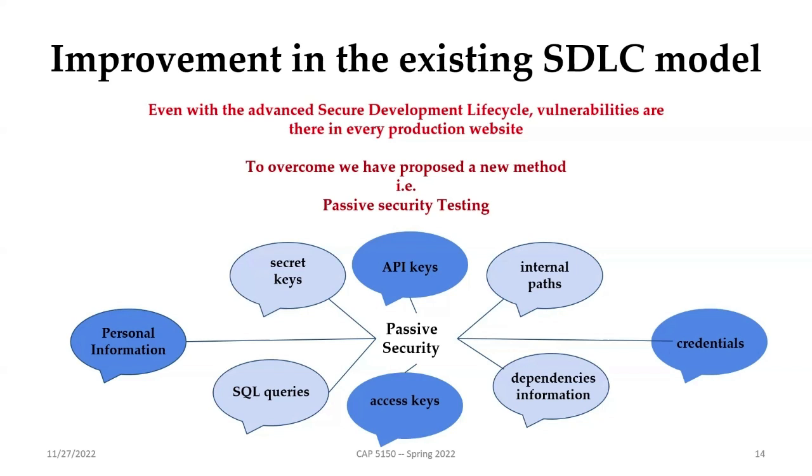Passive security should be done properly in the SDLC model. If it doesn't happen, it would lead to leakage of API keys, access keys, SQL queries, secret keys, internal paths, dependency information, and much other confidential information that developers unintentionally make public. So it should be done in a proper way.